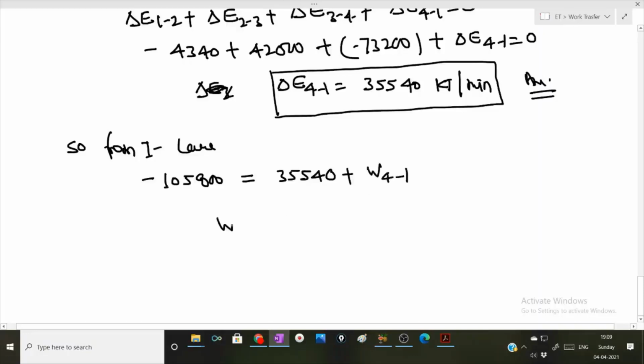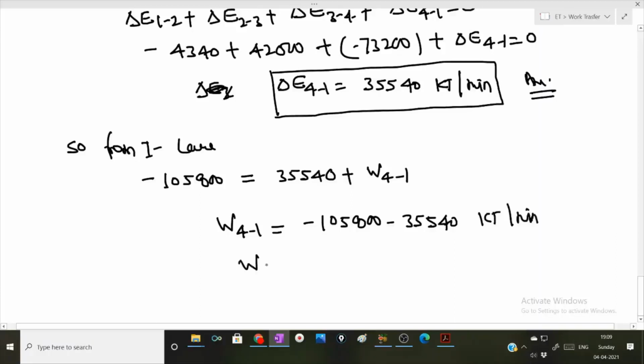W41 comes out minus 105,800 minus 35540 kilojoule per minute.